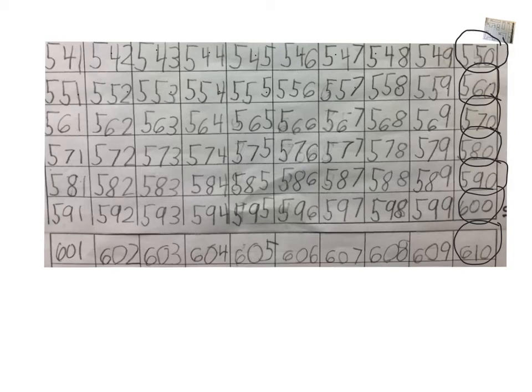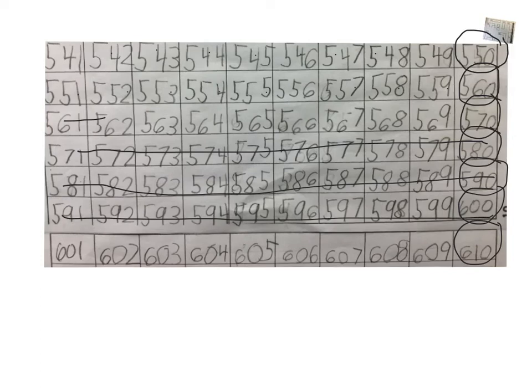The next row goes just the same. Here are all the 60s, and it's going up by 1. And the next one, here are all the 70s, and it's going up by 1. Here are all the 80s, increased by 1. Here are all the 90s, increased by 1.